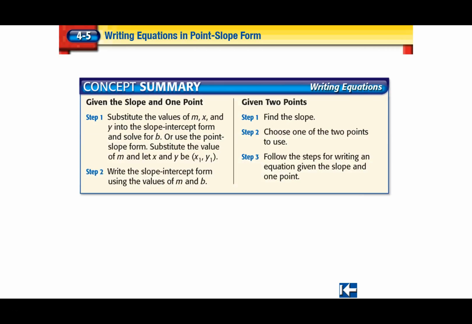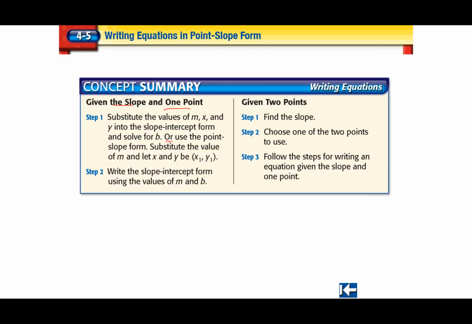Okay, so here are some basic summaries. If you're given the slope and one point, you simply substitute those three values in slope-intercept form and solve for b, or use point-slope form, which we just learned, and substitute the values of the slope, and then x and y be x1 and y1.